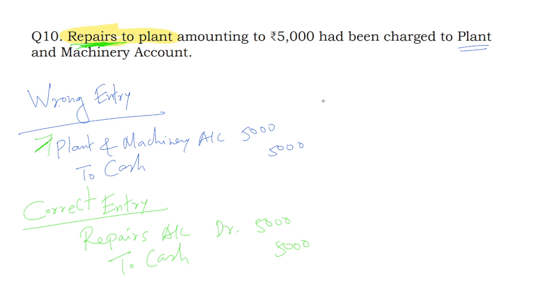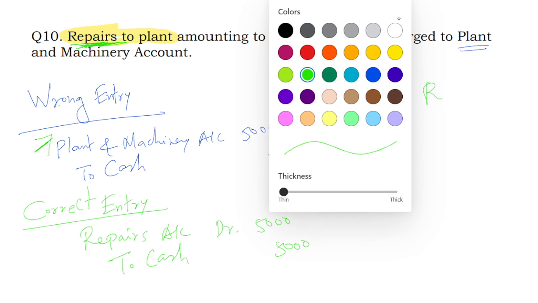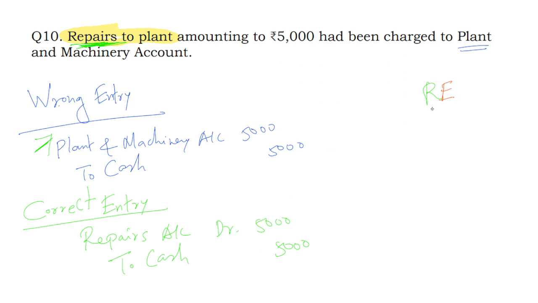That means under the rectification entry, we will pass the rectification entry and rectify this. We have to debit the correct repairs account, because it is the correct entry. Repairs account debit 5,000. The amount was wrongly debited to plant and machinery, so now we will credit it, and cash is already correct in both cases, so we will not touch the cash.